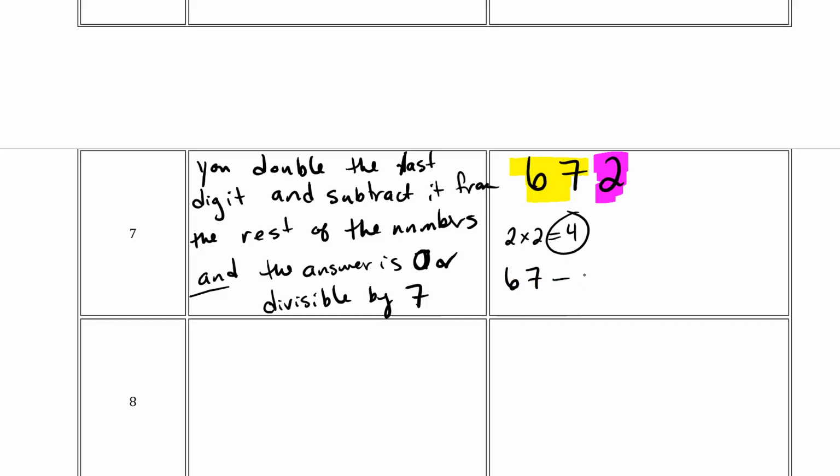So 67 minus 4 is 63. So we know that 672 is divisible by 7 because 63, the answer, is divisible by 7.